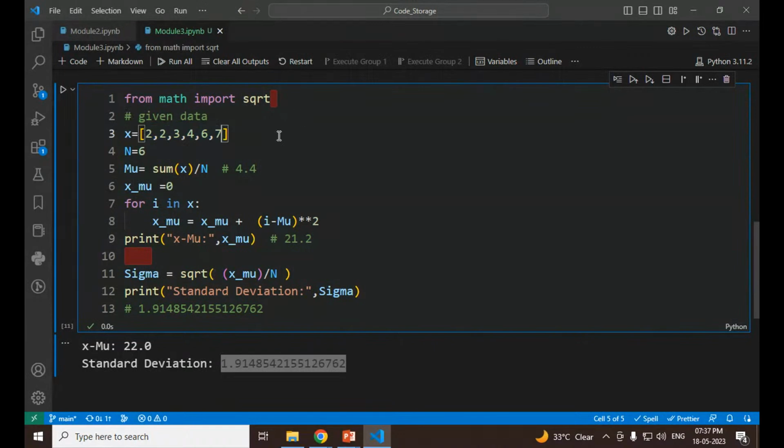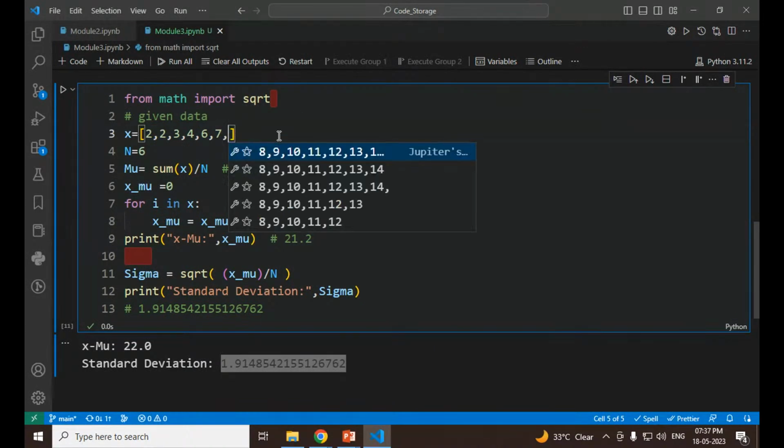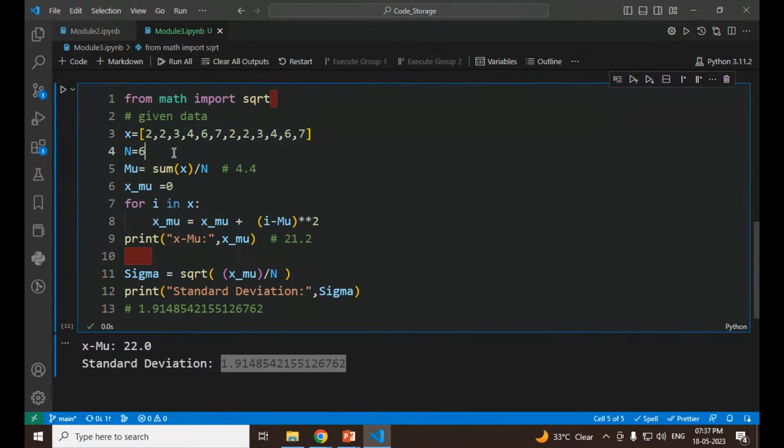Sir, n equal to 6. You give n equal to the length of x, more automated. Completely dynamic.